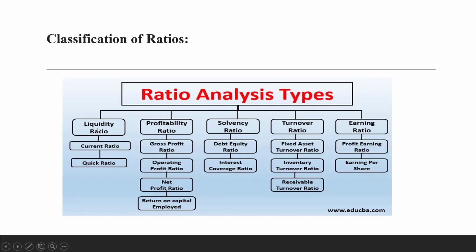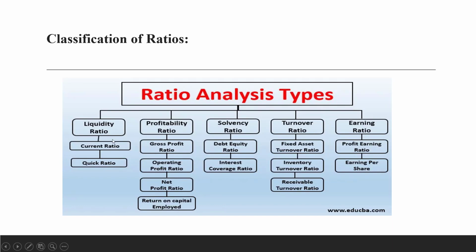Liquidity means which assets can be easily converted into cash, and there are 2 types, the current ratio and the quick ratio. Now the current ratio shows the relationship of current assets and current liabilities, and the quick ratio shows the relationship between the current assets minus the stock and any prepaid expenses with the current liabilities.